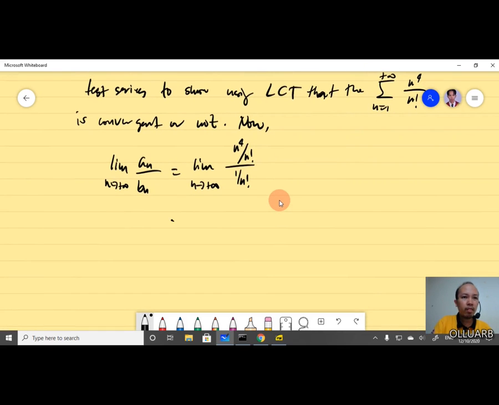If you simplify this, we have n to the 4 over n factorial times n factorial over 1 as n approaches positive infinity.